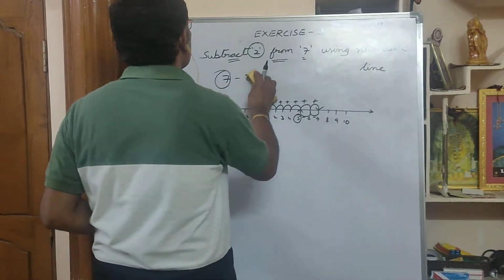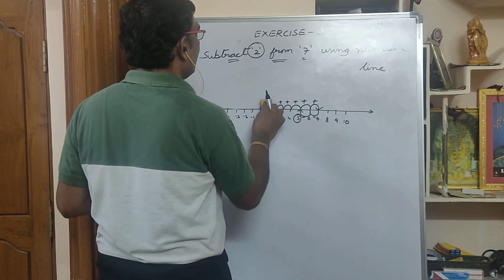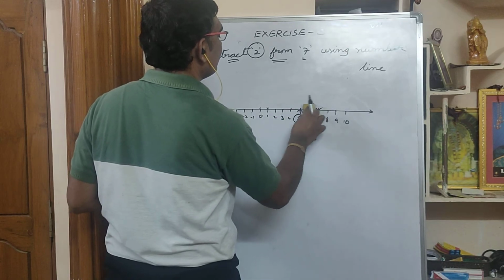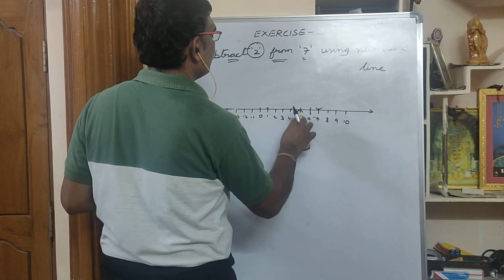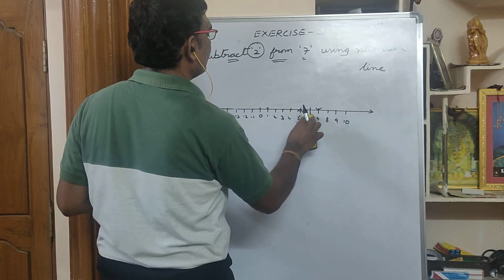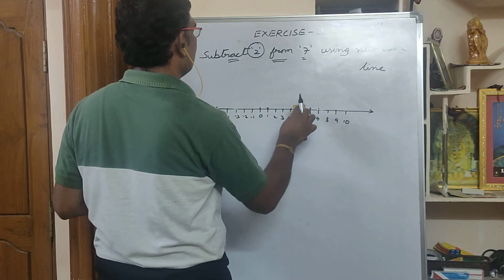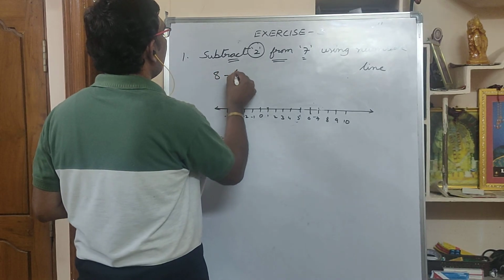8 minus of minus 7. So here the question is 8 minus of minus 7.